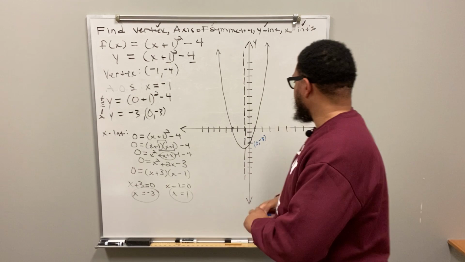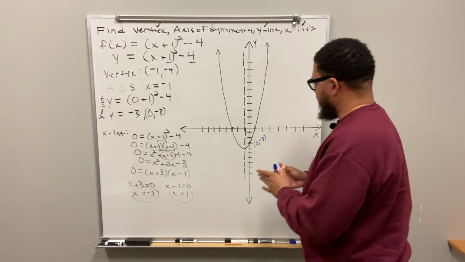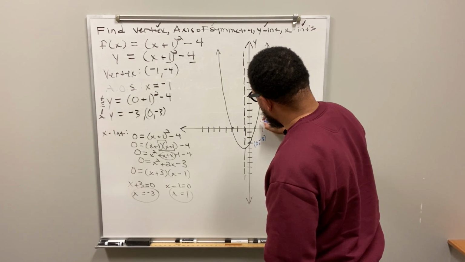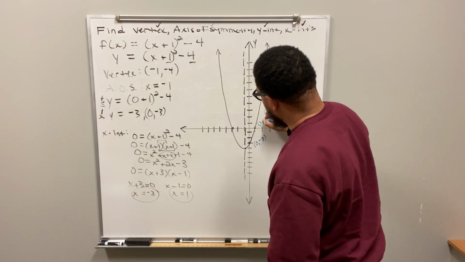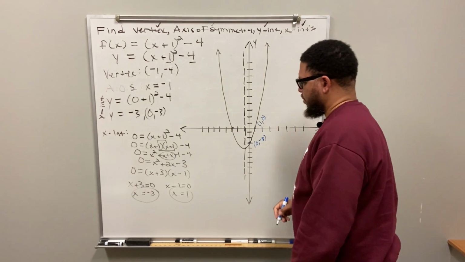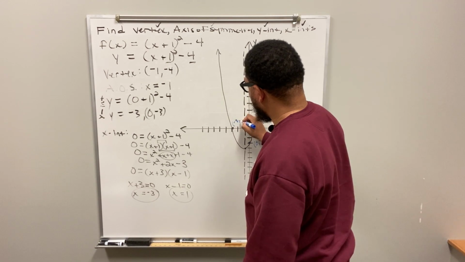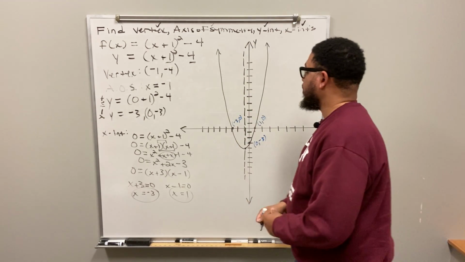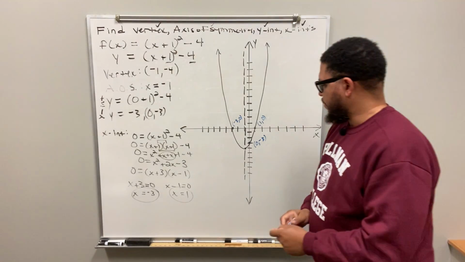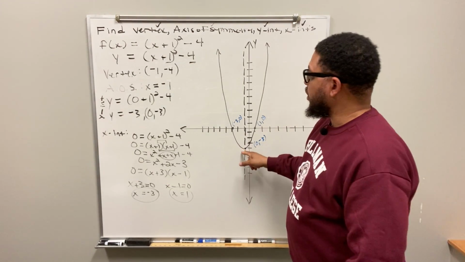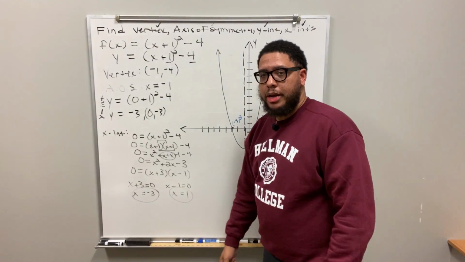Oh, let me do it for the x-intercept too. The x-intercept is the value of x when y is 0. And over here, the value of x when y is 0. And that, of course, is the vertex, which is -1, -4.